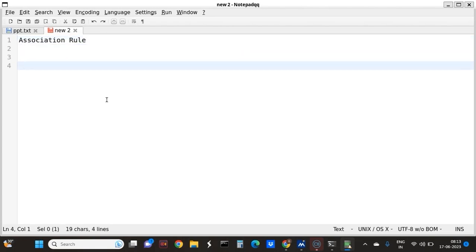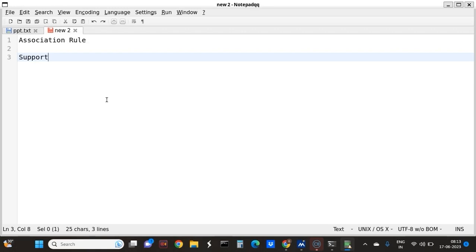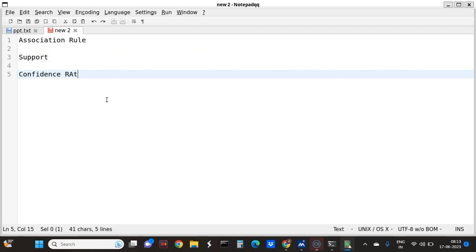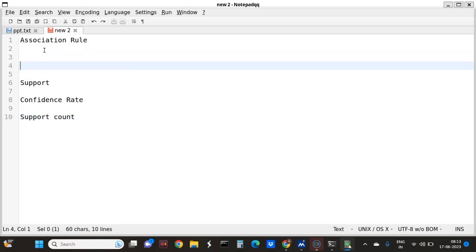First is the association rule. Second is the support. Then the confidence rate. And then the support count. So we go one by one.